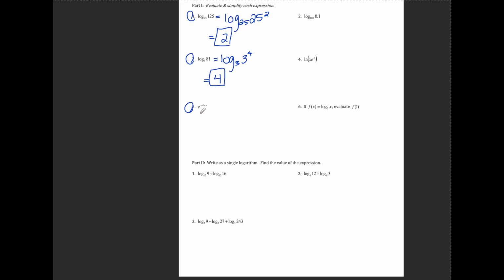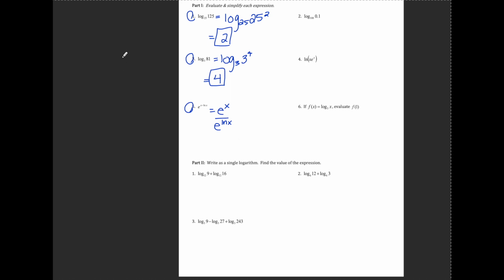For number 5, I have e to the x minus ln x. Since I'm subtracting exponents, I know that I can go backwards and rewrite this as division. So I can write that as e to the x over e to the ln x, right?